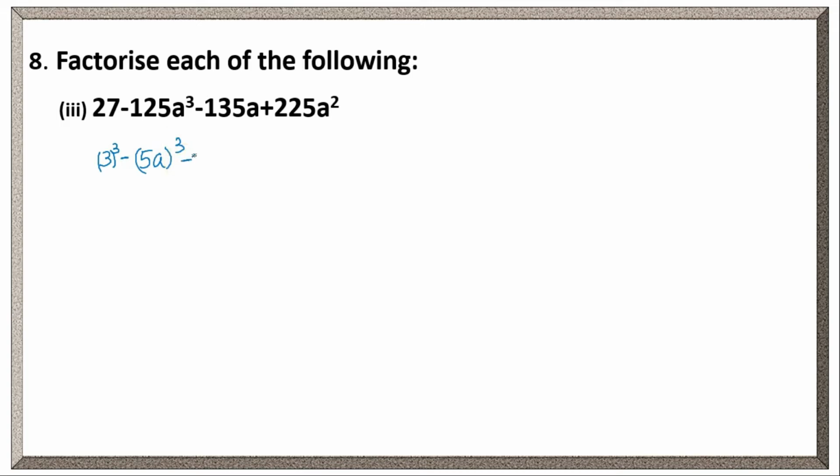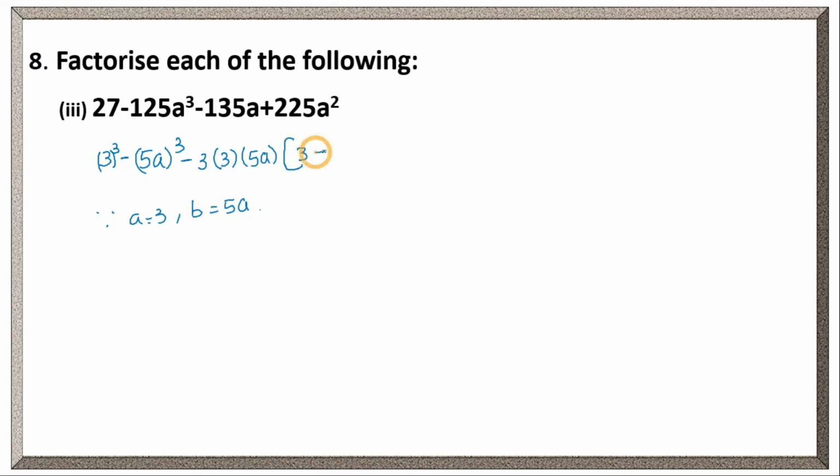Clear? Minus, from these two terms itself we will get to know a is 3 and b is 5a. Clear? Now we can write it as minus 3 into 3 into 5a, in the 3ab form. 3 into 3 into 5a. If we take 9 into 5, it is 45. If we take 45a as common, what will remain here? 3 will remain.